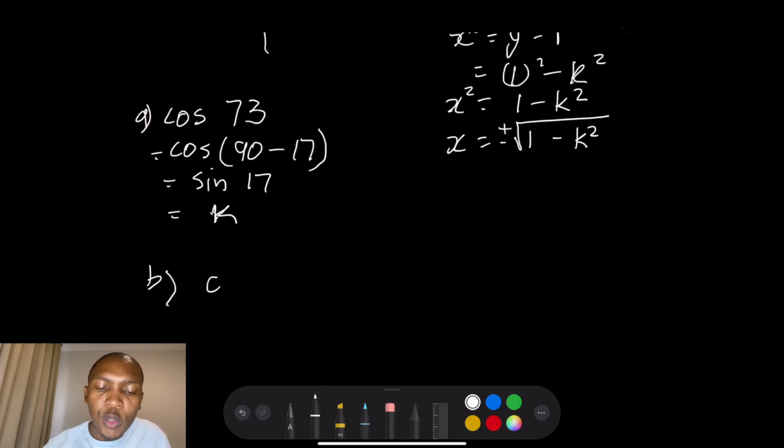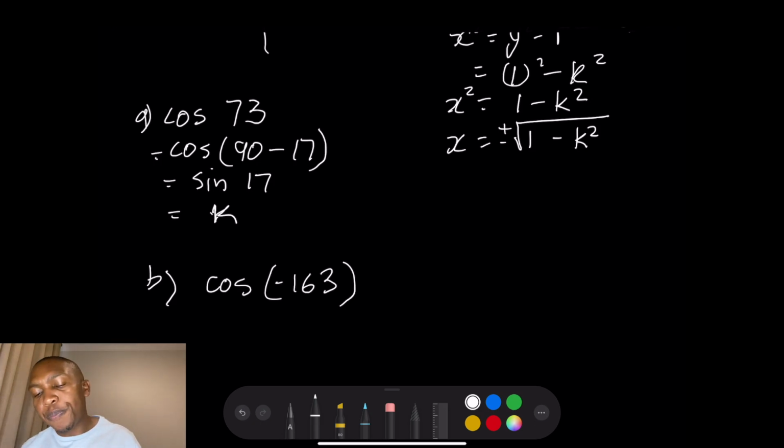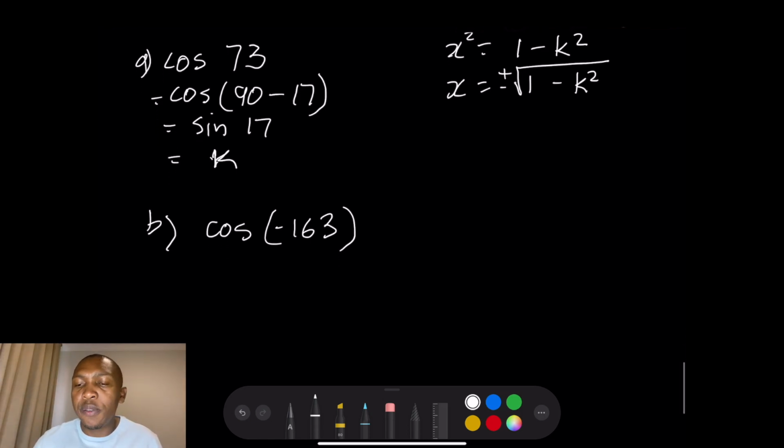So we've got cos of negative 163. Remember, whenever you've got a negative angle, all you simply do is just add 360. Once you add 360, it remains as is.